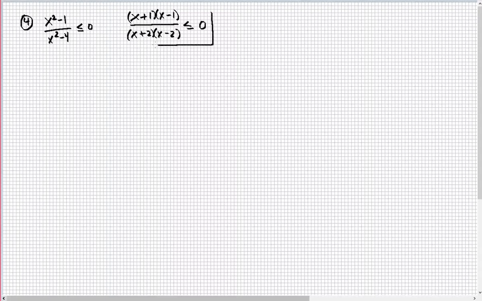So this is the one that we're going to use. It's going to give us critical points. Critical points from the numerator are going to be 1 and -1, and they are closed. Critical points from the denominator are going to be 2 and -2, and they are open. I'm going to put them on the number line.